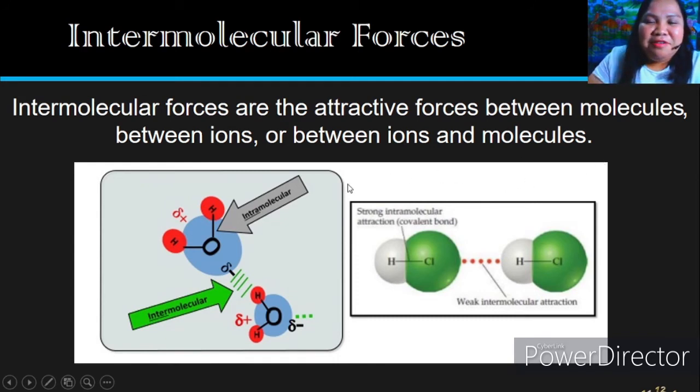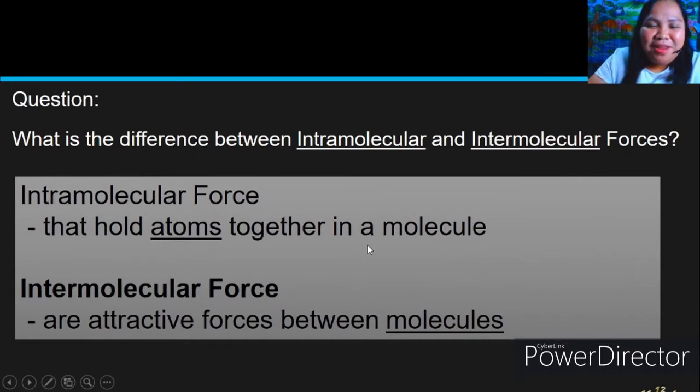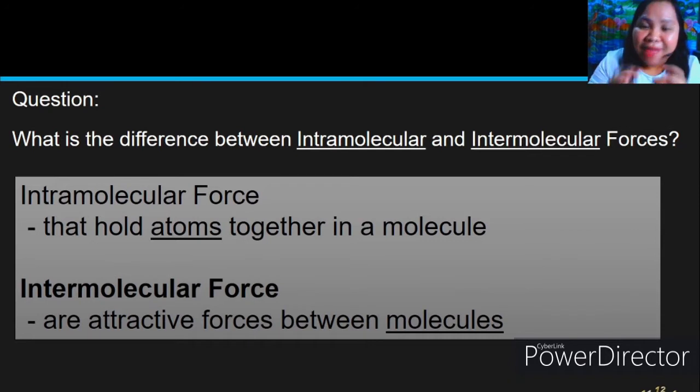To avoid confusion between intermolecular force and intramolecular force, I have here the following definition. Intramolecular force pertains to the force that holds the atoms together in a molecule. So, inside the molecule, that is the force that holds the atoms together.